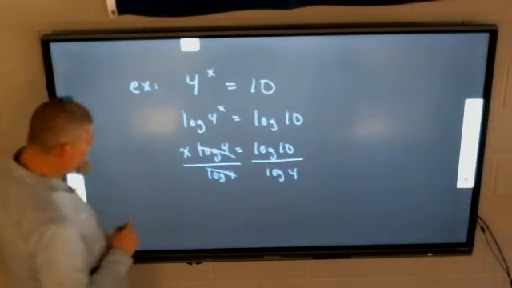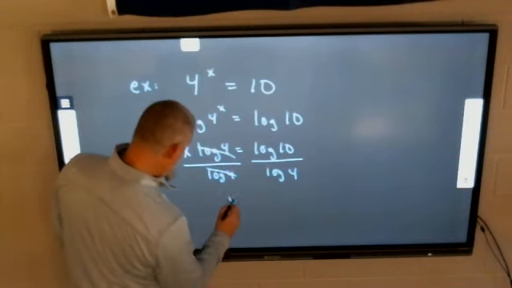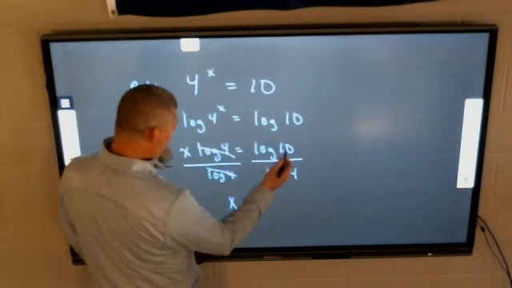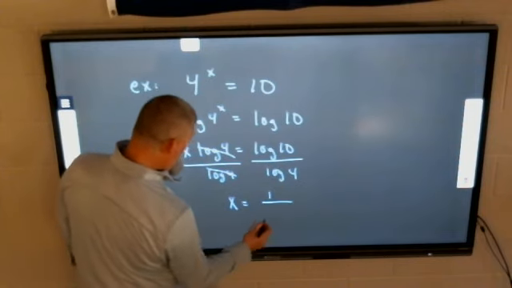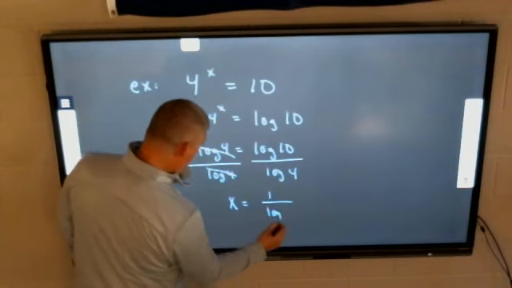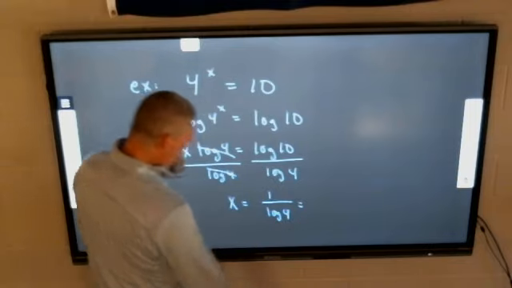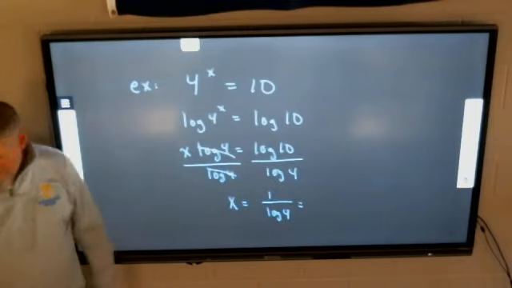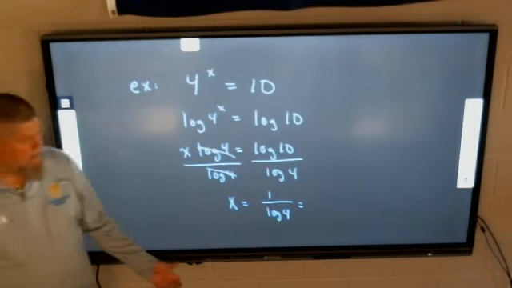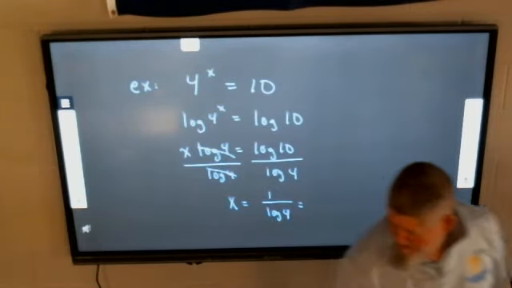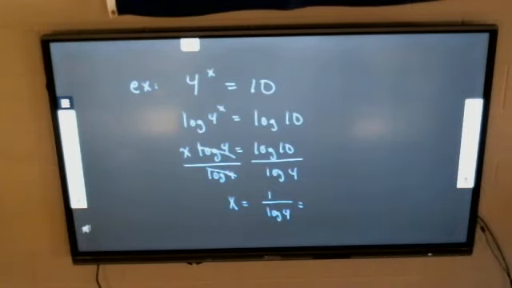It would be. So x is going to be the log base 10 of 10, which is just going to be 1 by the identity rule, divided by the log of 4. And you can leave your answer like that, or if it's a multiple choice test, they might be in decimal form. So let's go to decimal form real quick.